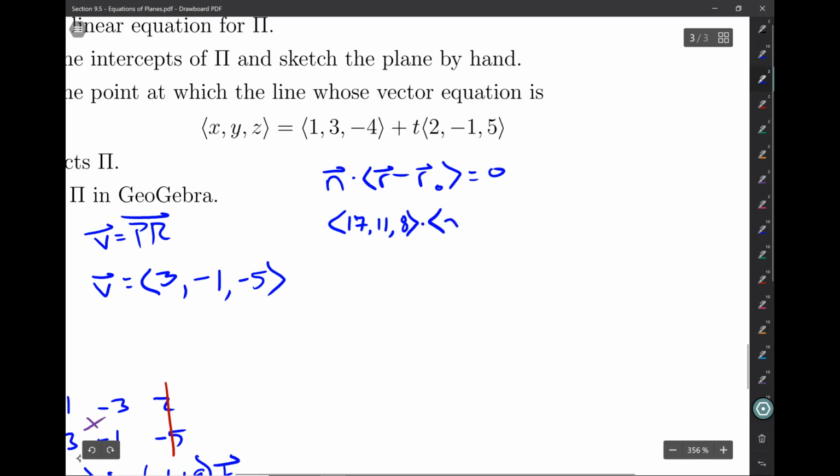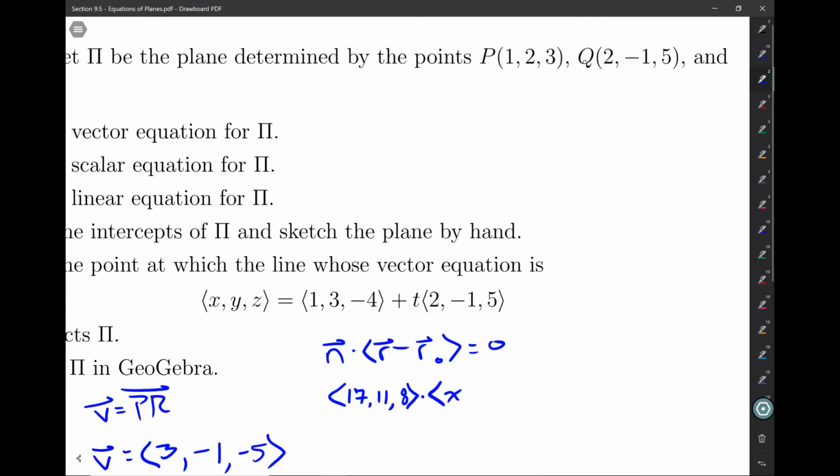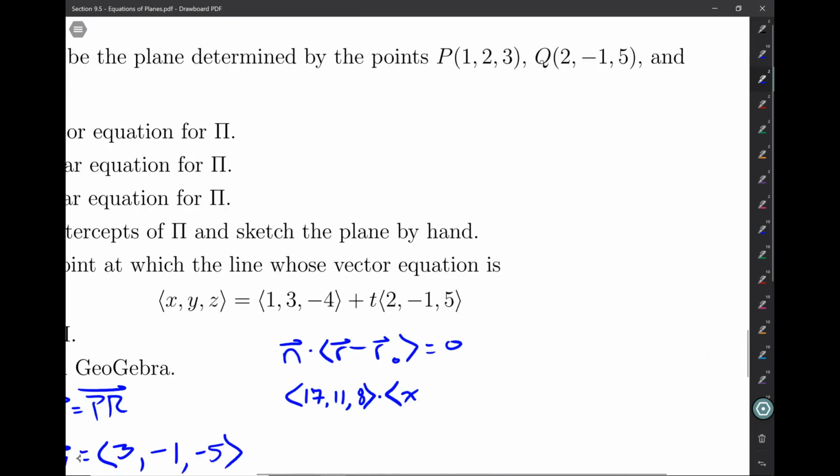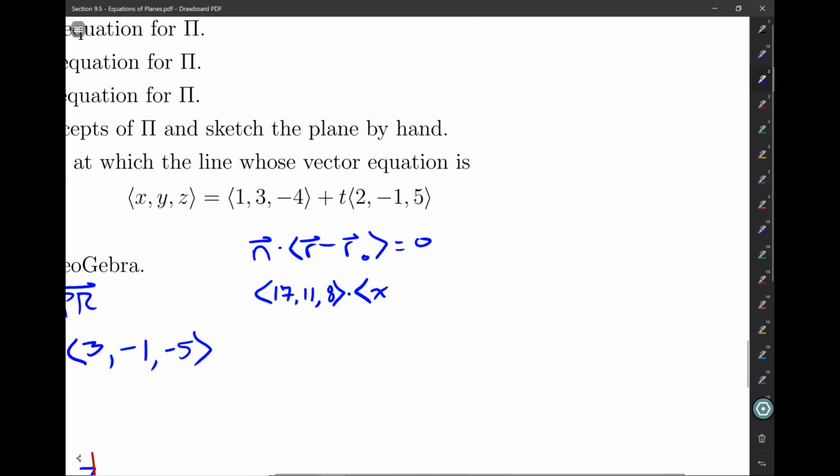R naught can be any of p, q, or r. Just for simplicity, let's just choose p, because that's the point 1, and then y minus 2, and then z minus 3. That's equal to 0. Here's our vector equation.